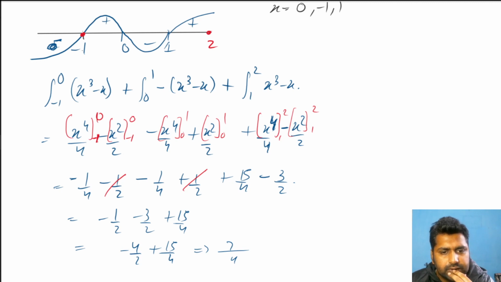Let me check the next one. 4 minus 1 by 4, 15 by 4, minus 2 minus 1 by 2, that's 3 by 2. So far it's correct. Positive negative will cancel.